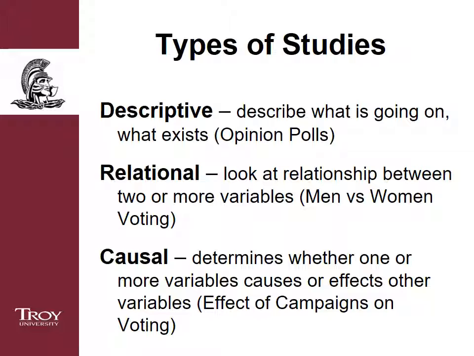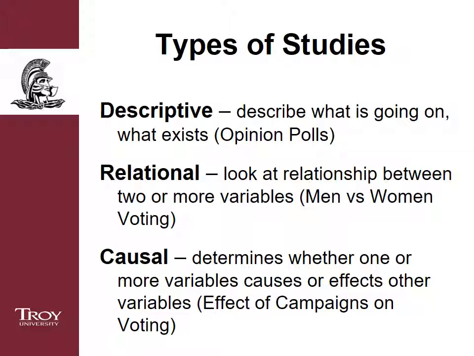In a relational study, you might be looking at the relationship between two or more variables. You might want to say, hey, does gender have an effect on voting? So now I'm not just interested in how many people support Romney and how many people support Obama. If we go back to the election a few years ago, we say, how are men supporting one or the other, and how are women doing it?